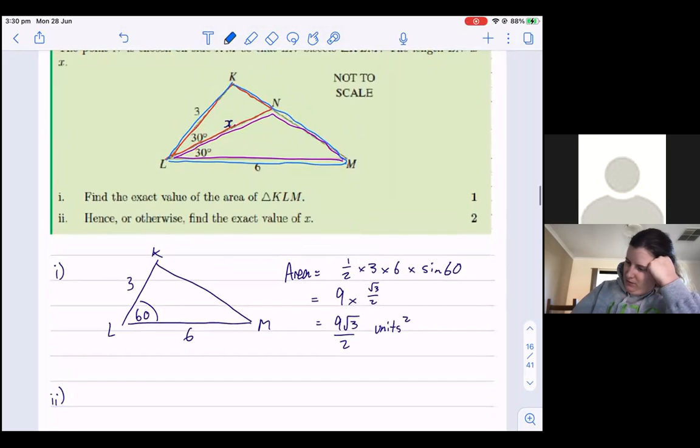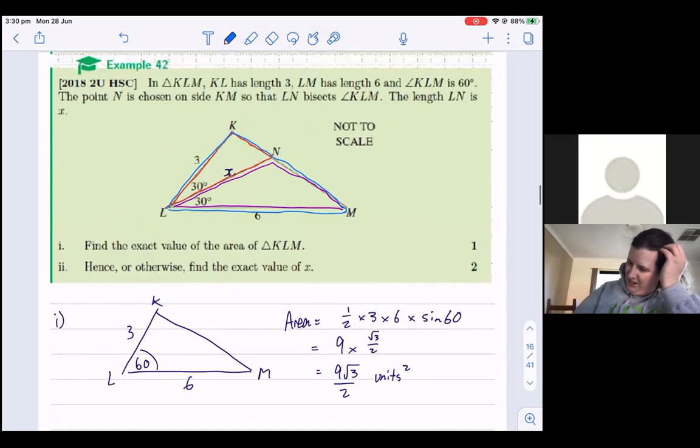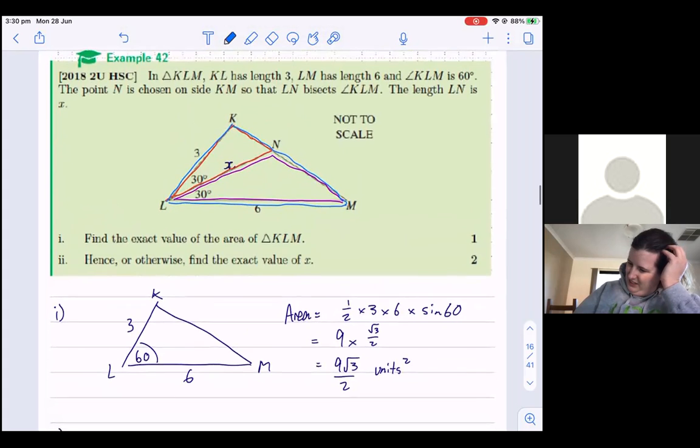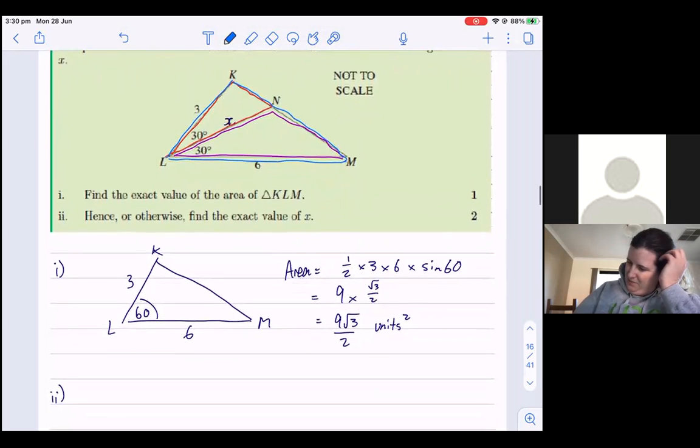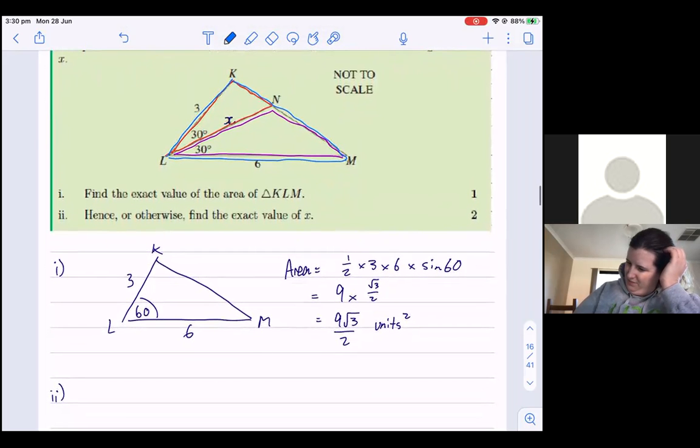Can I prove that those lengths are in a certain ratio? Can I prove that those areas are in a certain ratio? Will finding this angle particularly help?